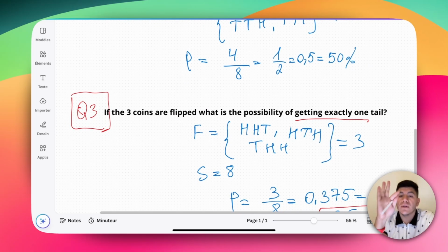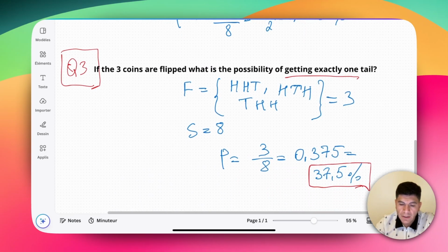So there are only 3 favorable outcomes. Again, P equals 3 divided by 8 total outcomes, which gives us 0.375, multiplied by 100 gives us 37.5%. It means there's a 37.5% chance of getting exactly 1 tail when the 3 coins are flipped.